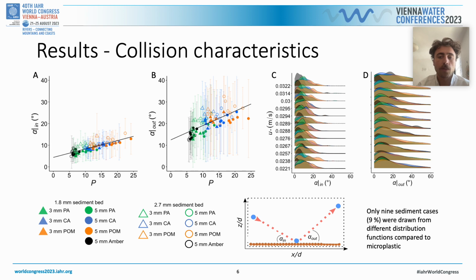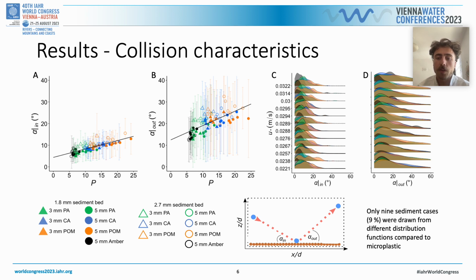Again, we show that the Rouse number is non-discriminatory between sediments and microplastics and can describe both materials' collision impacts equally, no matter what their elastic properties are. So irrespective of whether a particle is plastic or sediment, the Rouse number could describe their collision angles equally.